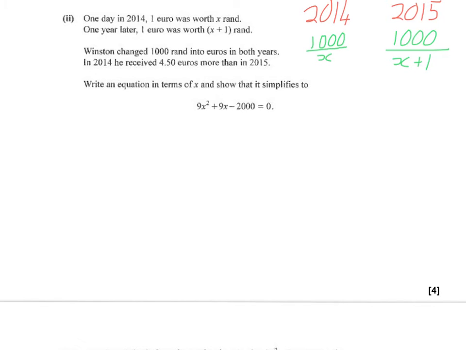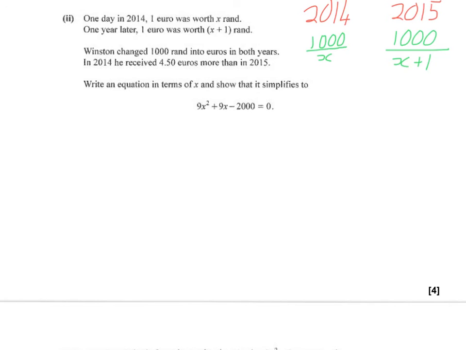So we know the difference between them, the amount more he got, is 4.5. So I'm going to turn that into an equation. I'm going to say the amount he got in 2014, subtract the amount he got in 2015, has to be 4.5.